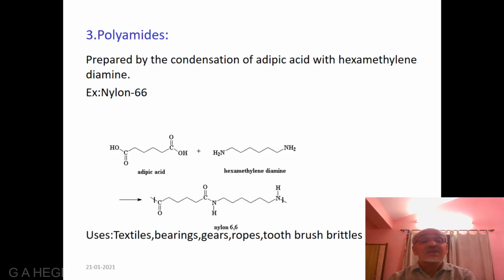This is called nylon 66 because adipic acid and hexamethylene diamine contain 6 carbon atoms each. Uses: it is used in textiles, bearings, gears, ropes, toothbrush bristles, etc.